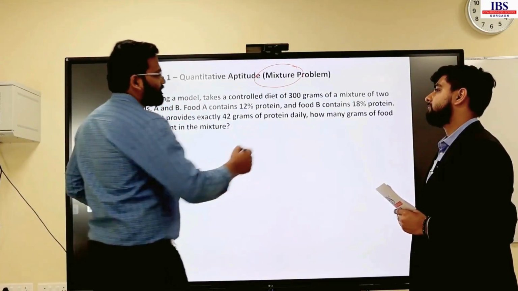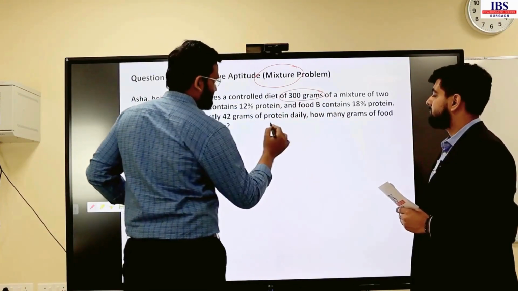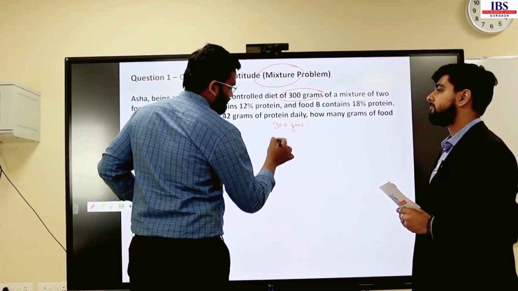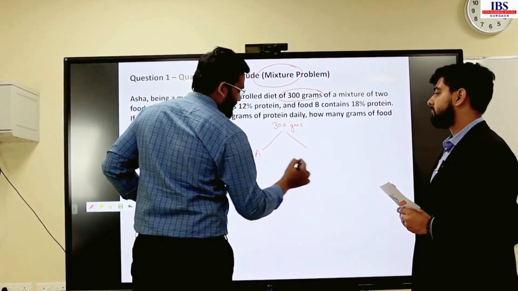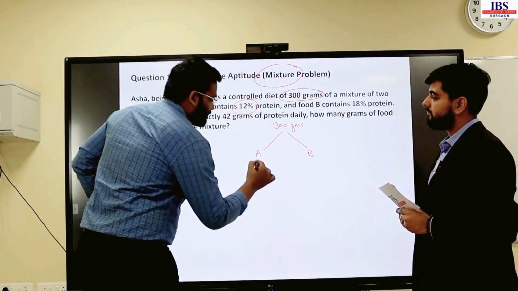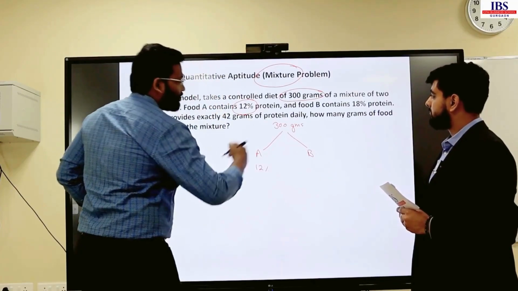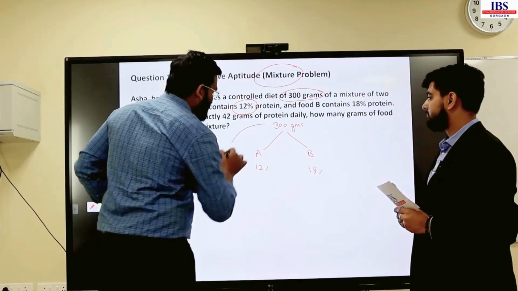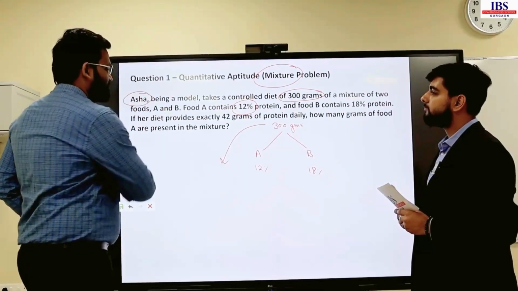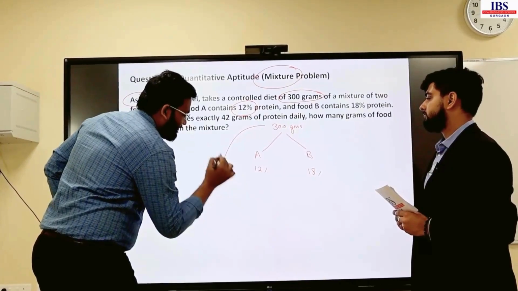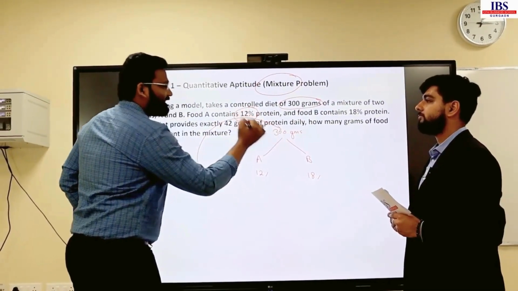So here see, total food is 300 gram, and this 300 gram food should be a mixture of food A and food B. However, the protein content in food A is 12% and in food B is 18%. And what final protein Asha wants is 42 gram. This 42 gram protein is out of 300 gram of food.